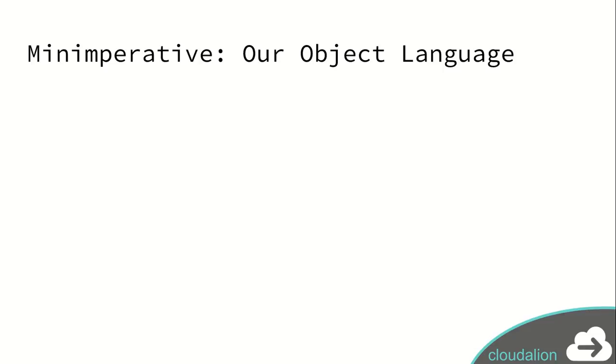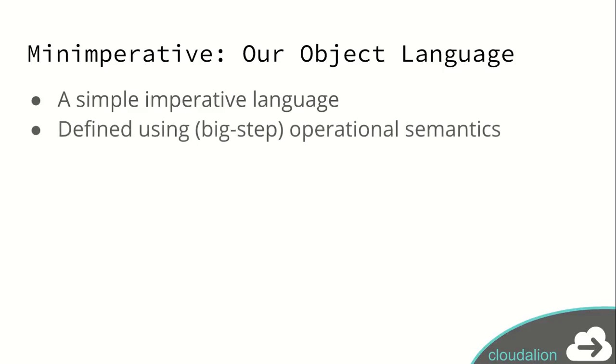We use a language named Min Imperative, which is a simple imperative language. Now, that's not a big challenge when you start off with an imperative language like you do in most other language workbenches. But in the case of Cedalion, which is a purely declarative language, this is a little more tricky, and we did that through big step operational semantics.